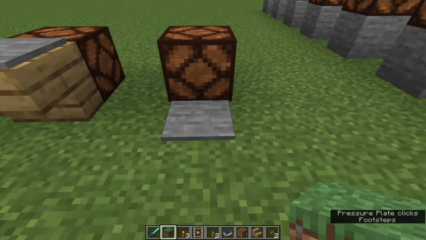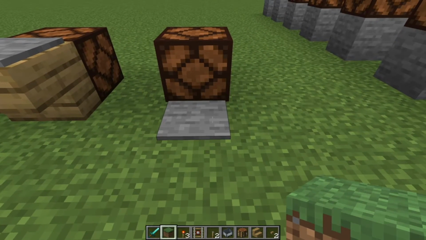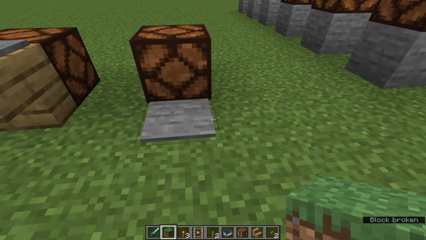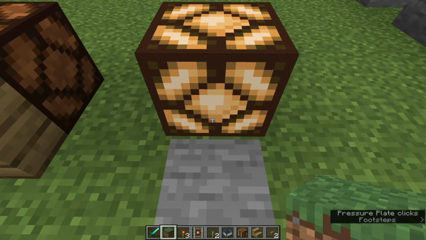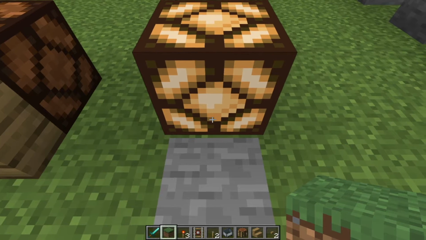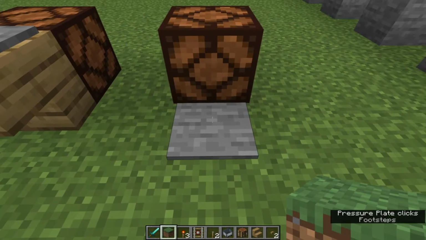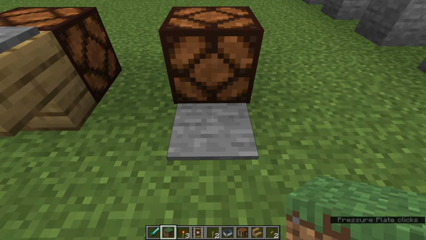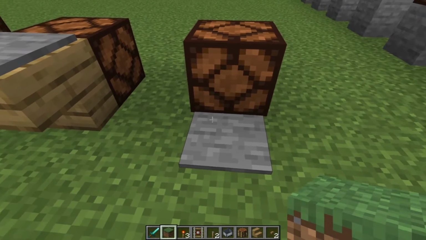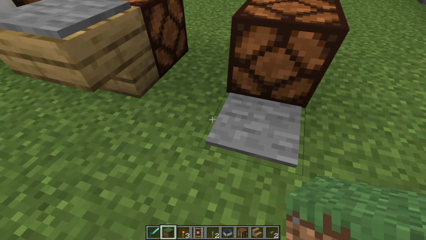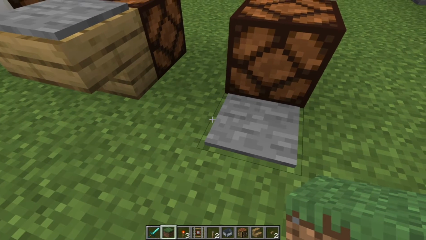So let's talk about this pressure plate here. It is sitting on a block. This block is going to get activated. The block adjacent to it is also going to get activated. Now remember, just like a lever, this pressure plate will activate any block directly adjacent to it. Technically, it's occupying the space just on top of this grass block.